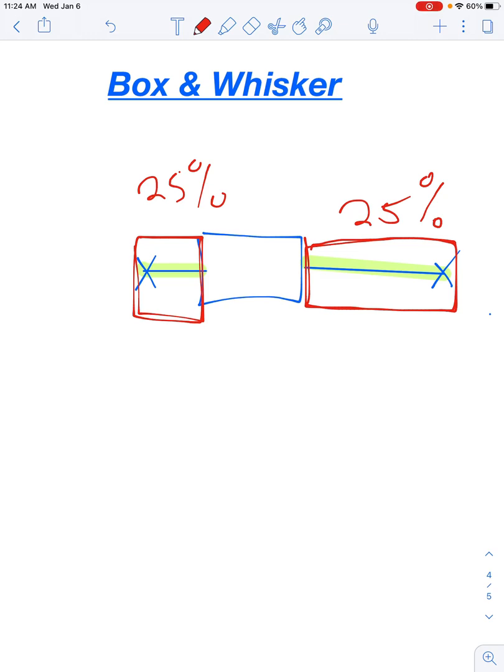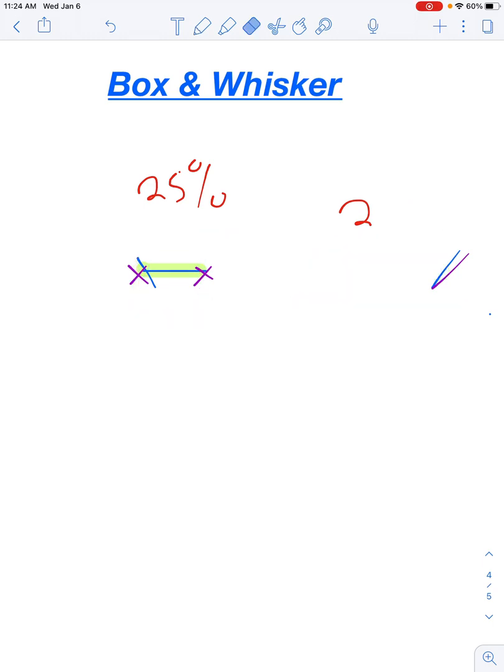So their range is actually larger when you travel from that third quartile to the max than if you traveled from the minimum to the first quartile. So that's how you get the disparity, where some of these sections are longer than others, but they still represent 25%.